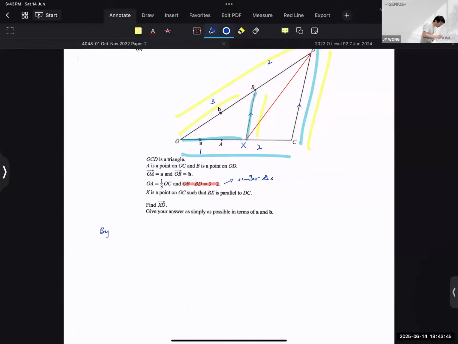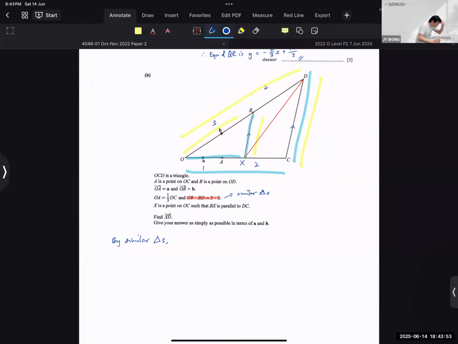By similar triangles. What do we know? I need to find XB first, right? Can you tell me how to find XB? What is XB?